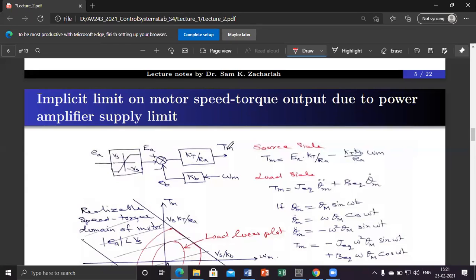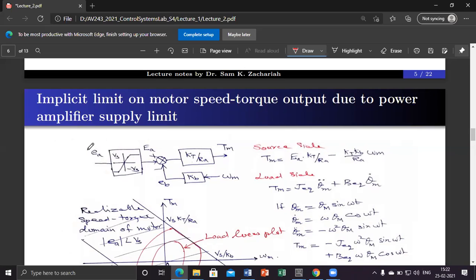Now, just as we discussed, the power amplifier, assuming it as a linear amplifier, definitely has plus and minus voltage limits, plus Vs and minus Vs, beyond which you cannot increase EA.